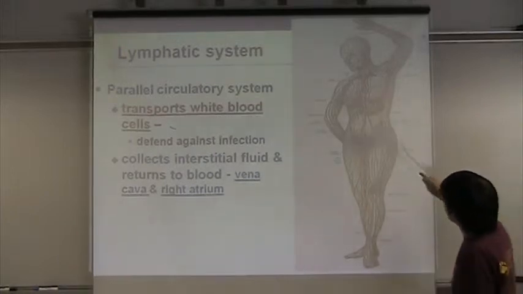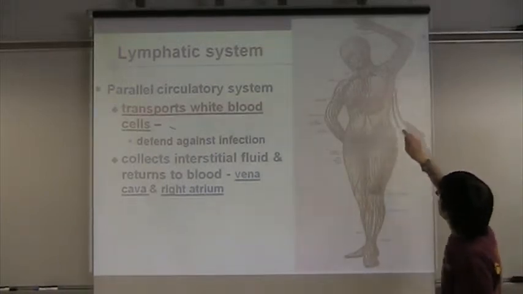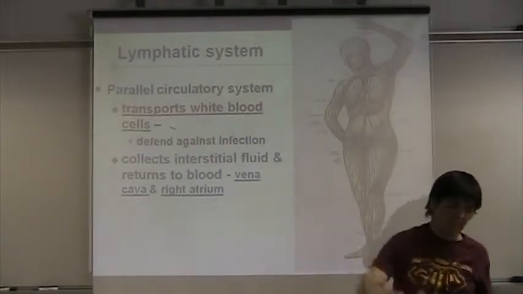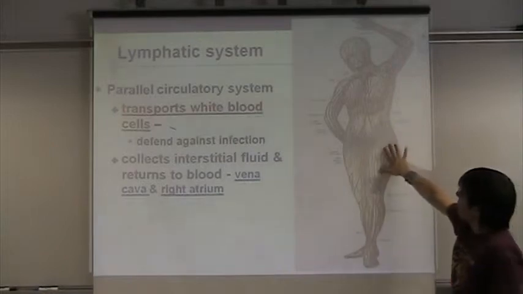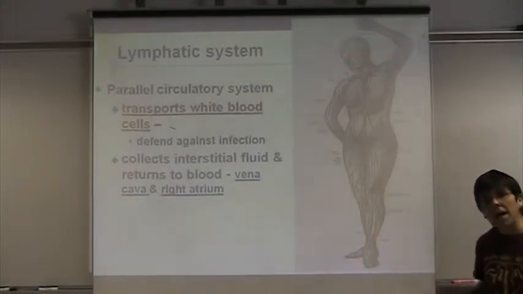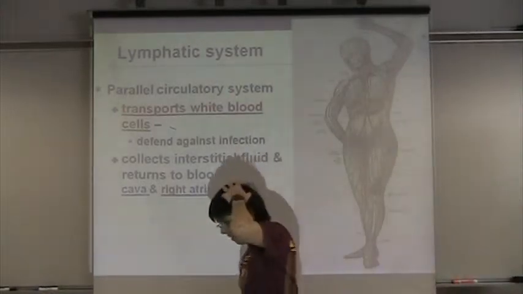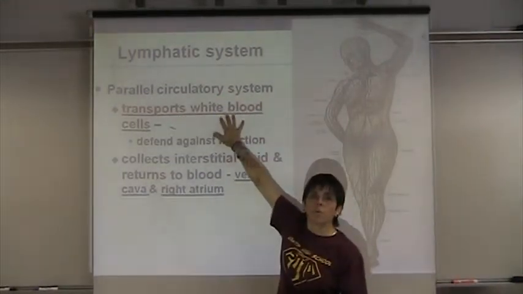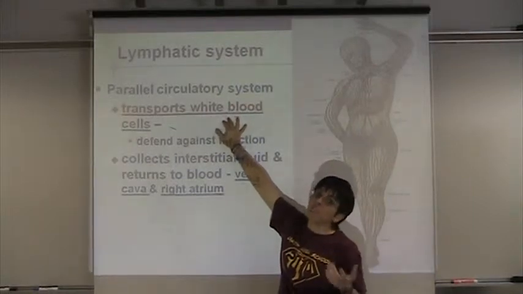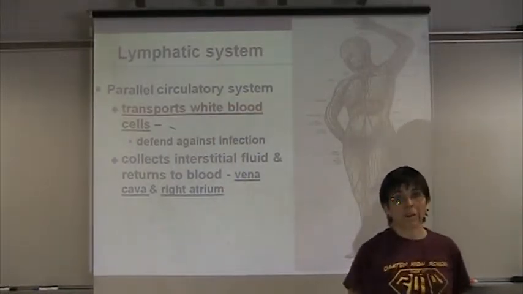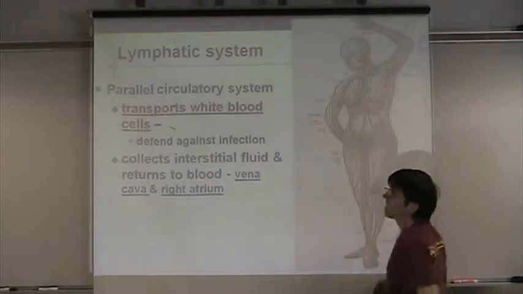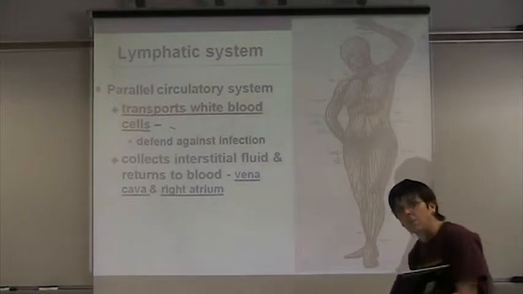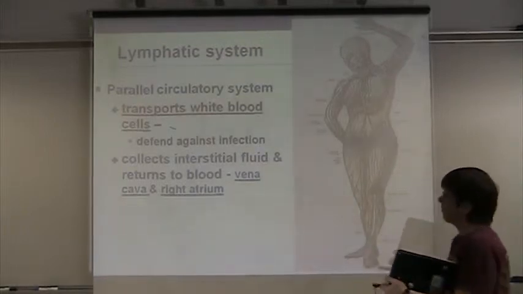And you're familiar with the lymph nodes in your inguinal canal here, the lymph nodes in your neck, and the lymph nodes kind of in this area. So, beautiful lymphatic system, please keep it in mind, because besides the interstitial fluid, this also transports white blood cells. And since you know white blood cells are part of our defense mechanism, start getting the idea that this system is very important, the lymph nodes, very important in our immune system.